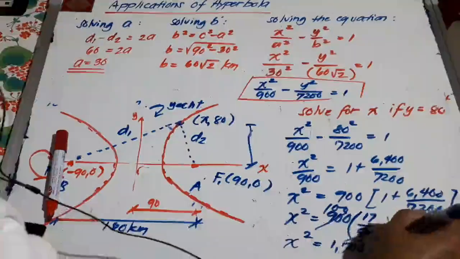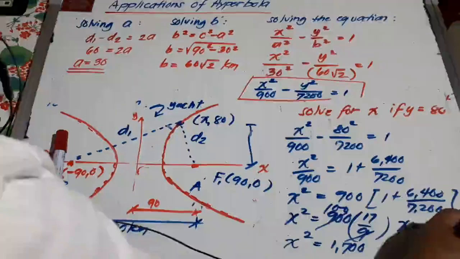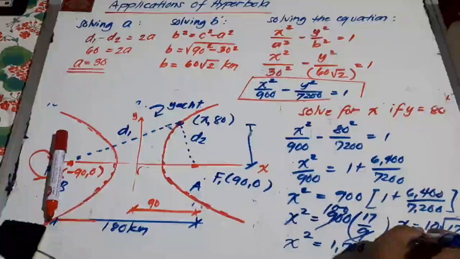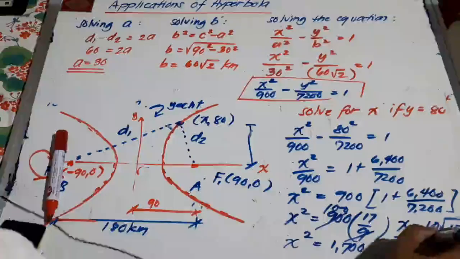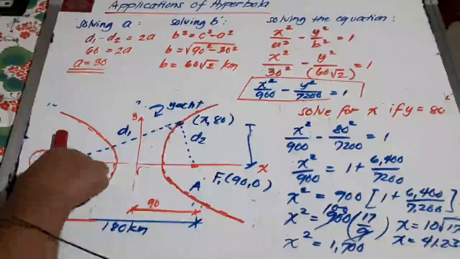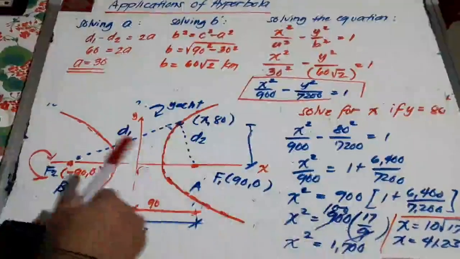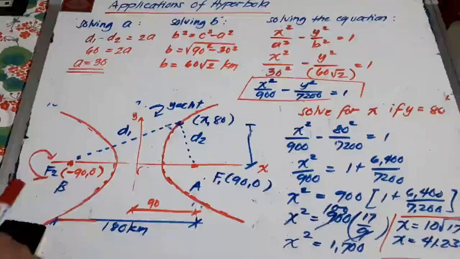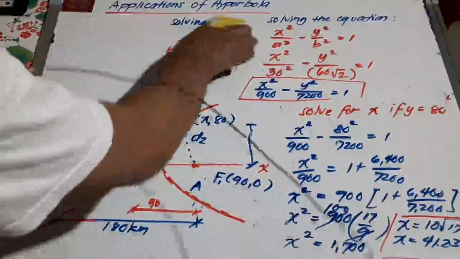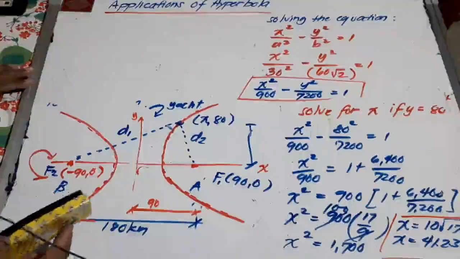Answer is 10 square root of 17, or x equals 41.23 kilometers. Okay. So, since alam na natin yung x, pwede nating ma-solve yung D1 and D2 na pinapahanap sa atin.